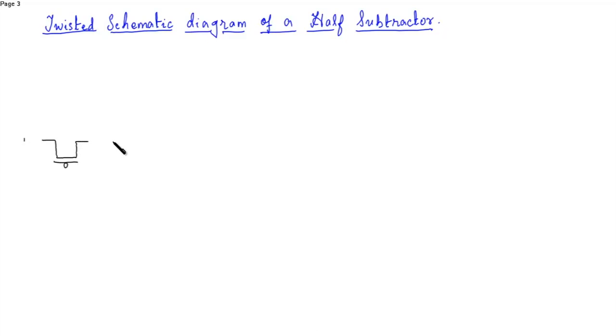This is the second PMOS. Then third, fourth, fifth, and sixth.